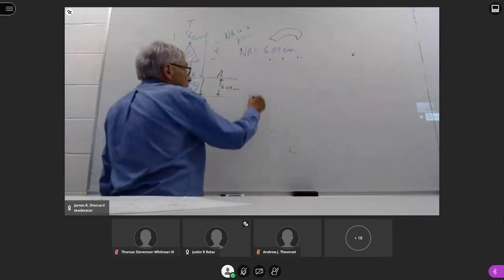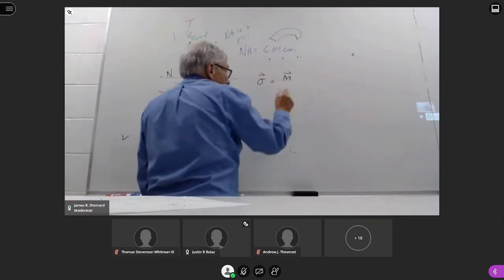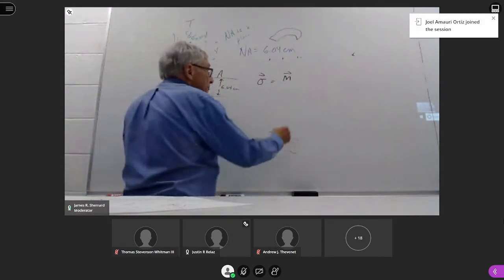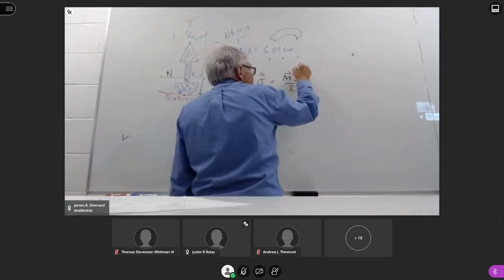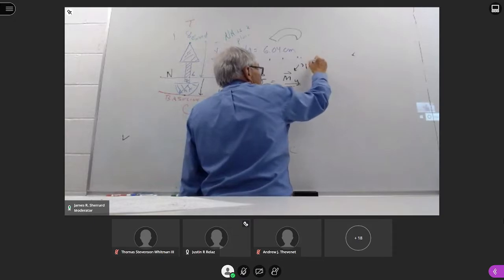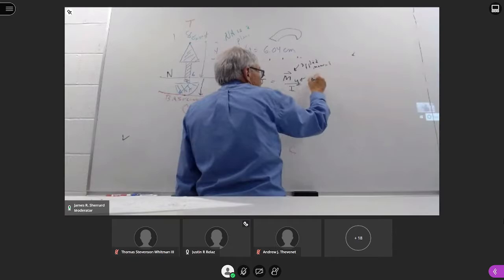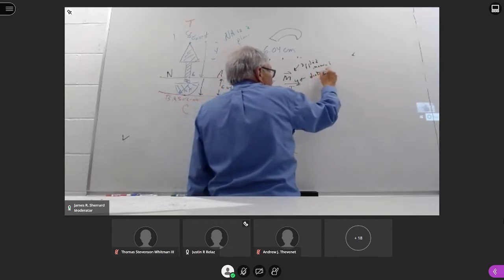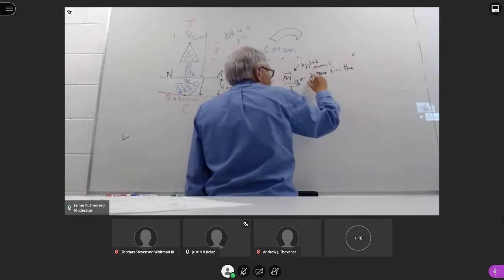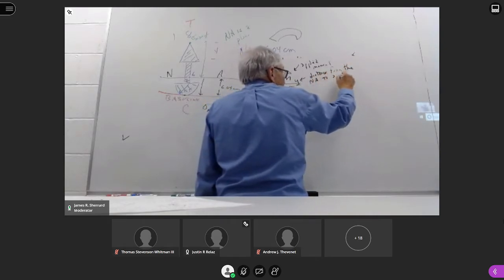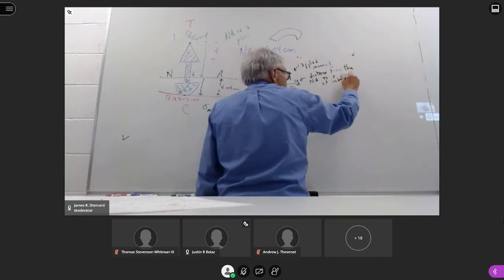We know that for any point, the plane stress, which is a vector, is equal to the moment applied, which is a vector, times y divided by I, where this is the applied moment. This is the distance from the neutral axis to a point of interest.